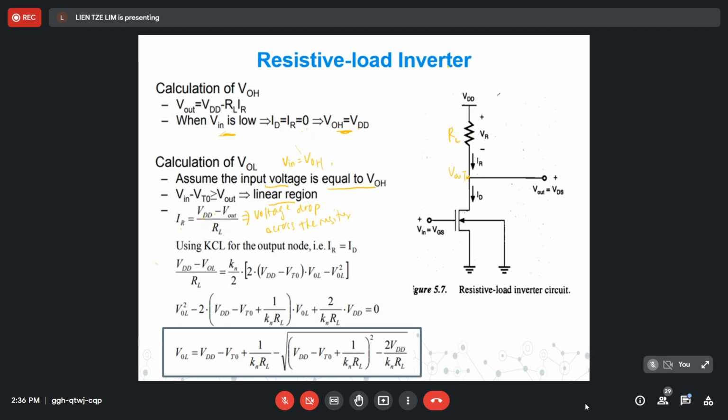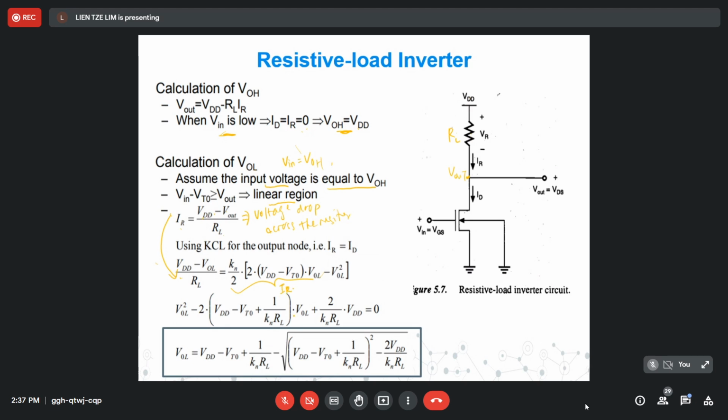And then the formula to calculate the VOL. This is the formula. This formula is based on the derivation using Kirchhoff's current law, because it is derived based on the load current. So this is actually a load current, and this one is also a load current.